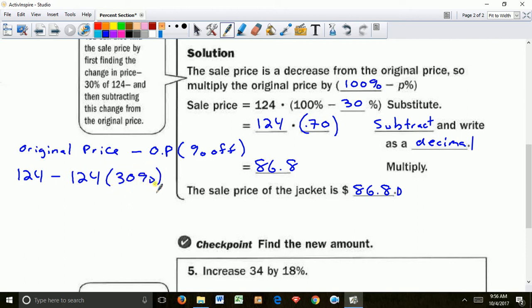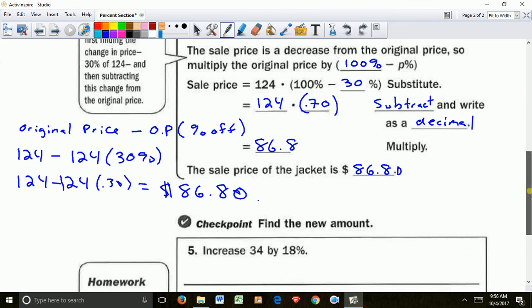If you're doing it this way, make sure again you have your percent as a decimal. You're taking 124 minus 124 times 0.30, and again you're going to get $86.80. So just another way to work the problem if you choose to do it that way.